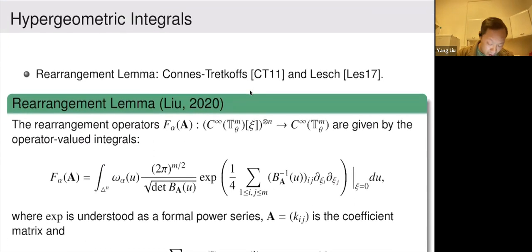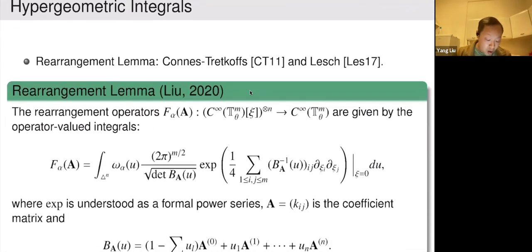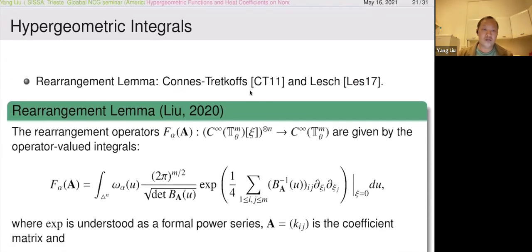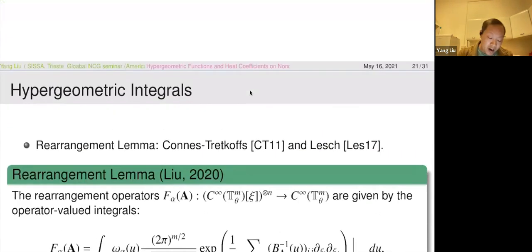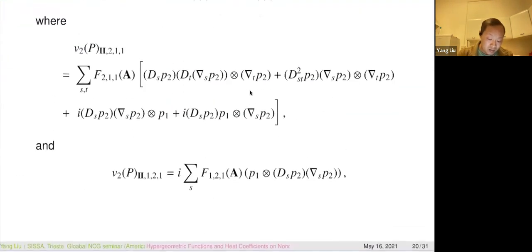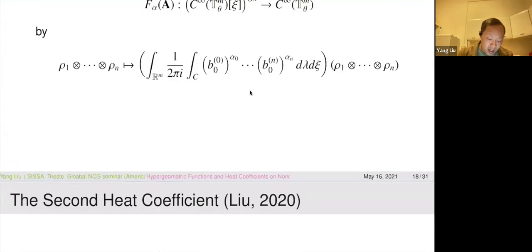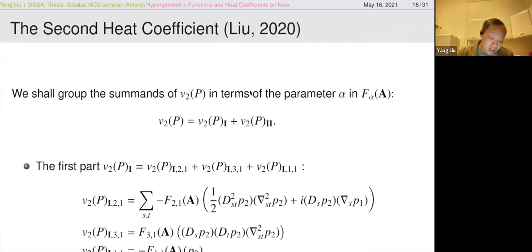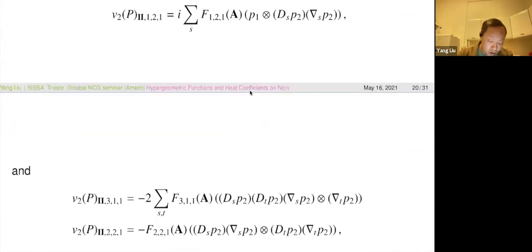So there is a technical result called a rearrangement lemma. Roughly speaking, the rearrangement lemma is basically the way to compute integrals like this. Everyone has their own way to compute the integral.